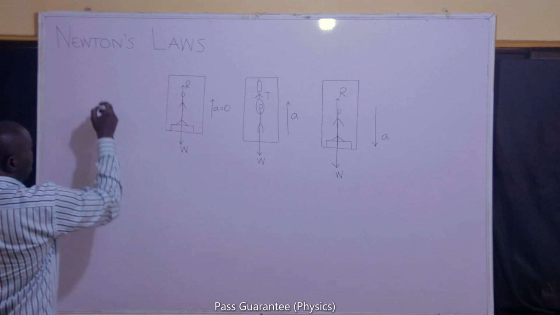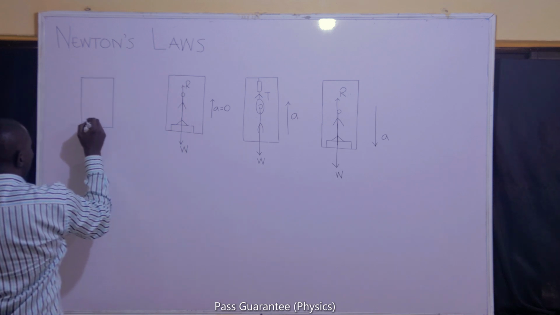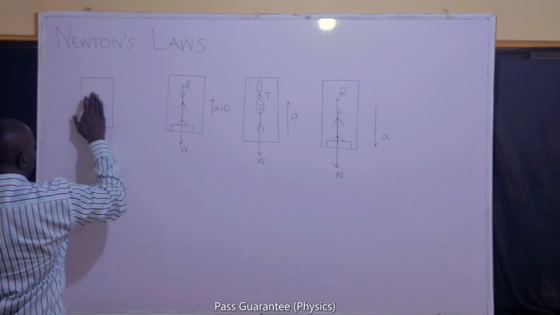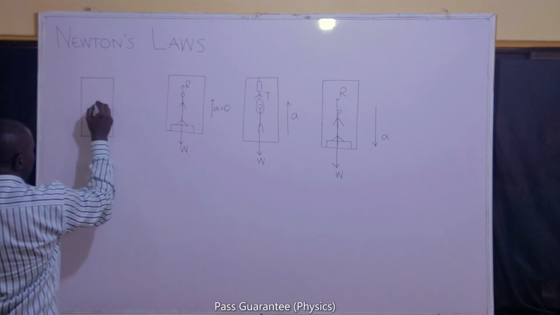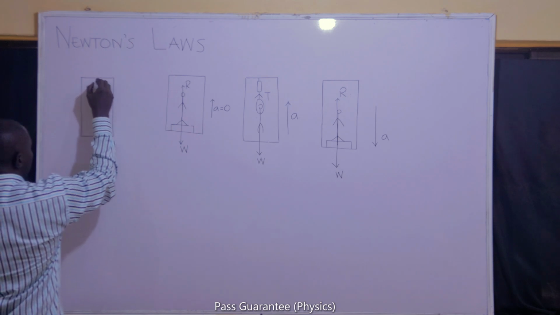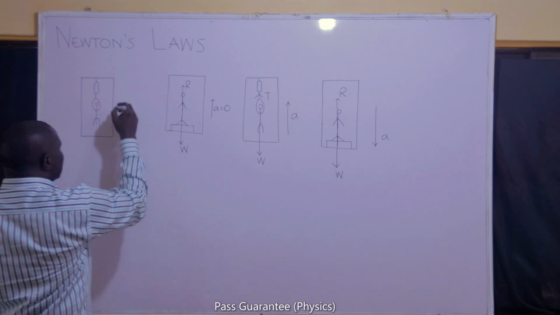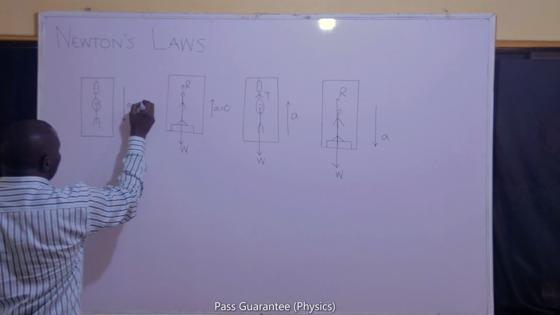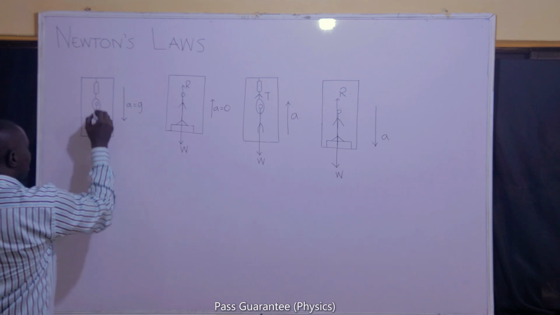And lastly, let us also consider a situation in which you are holding a spring balance and the lift is now falling with an acceleration that is equal to acceleration due to gravity.